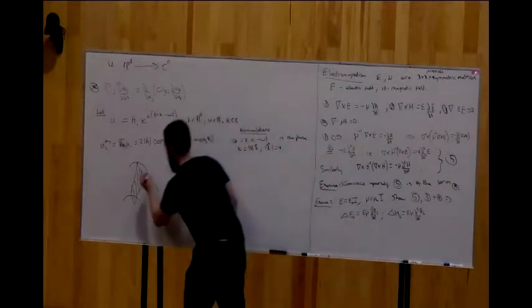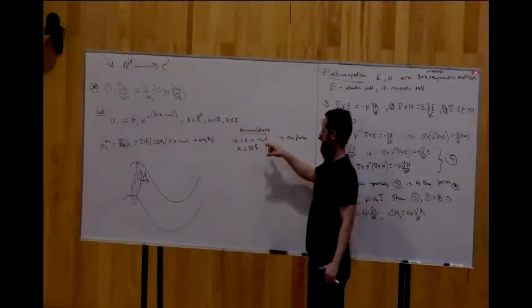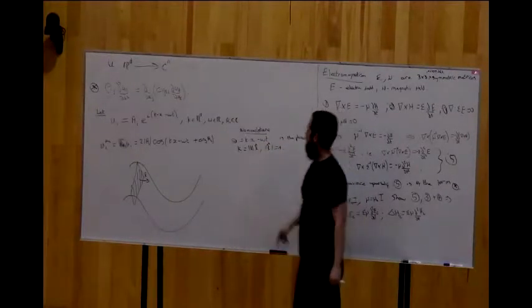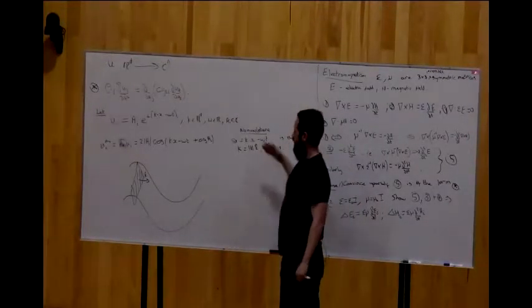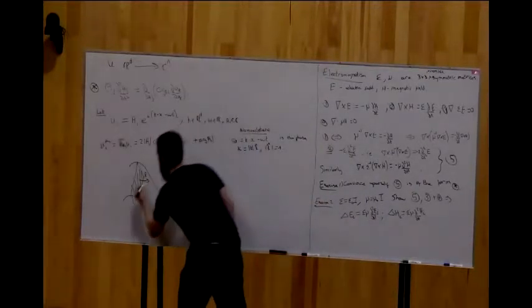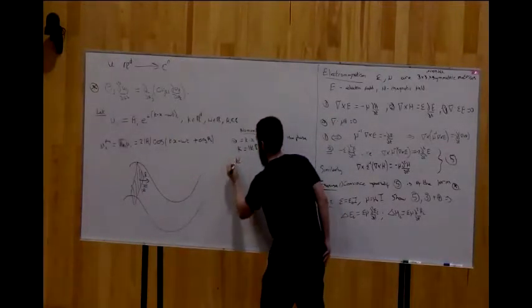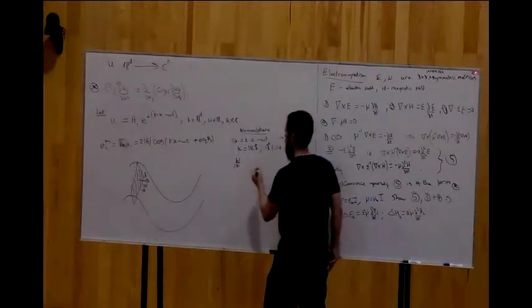You can see it just from simply playing with this equation and thinking about it for a moment. This phase plane is moving in the direction k hat, and it's moving with the velocity omega over k. And omega over k is the phase speed, and omega over k is the phase velocity.